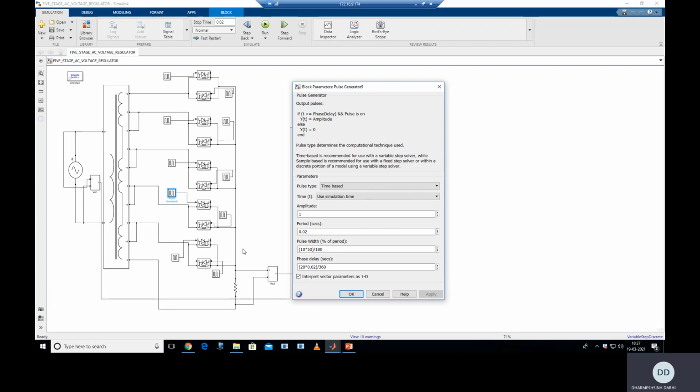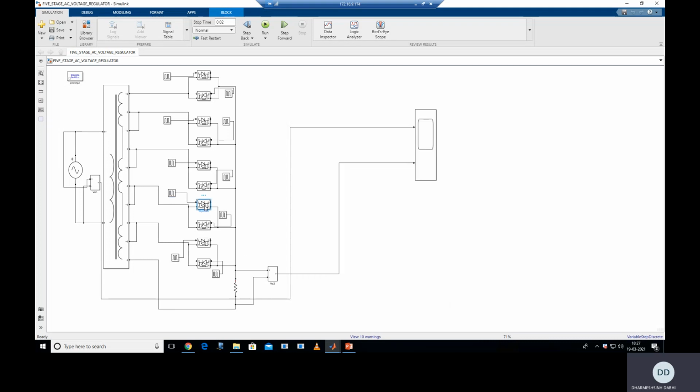So this thyristor will turn on at 20 degree, giving the output voltage at the load side of both secondary windings, which means 2 times 46. When the first thyristor is on, it gives the voltage of only one secondary winding, 46.